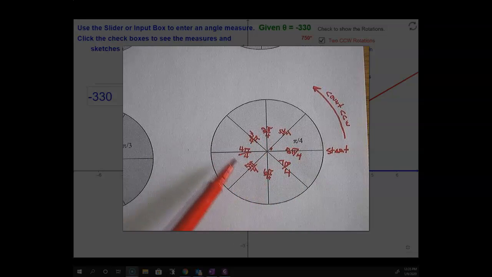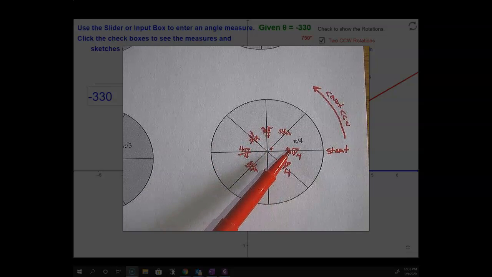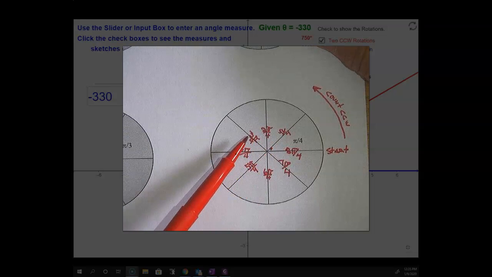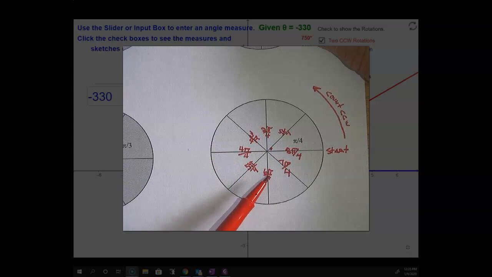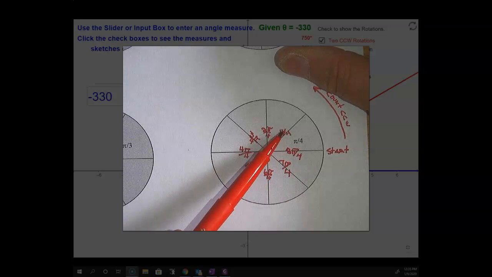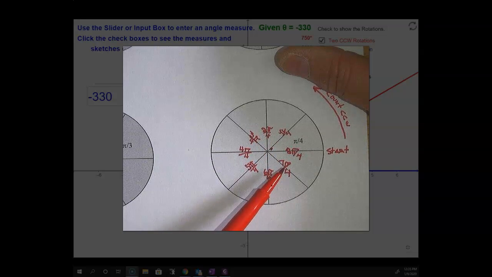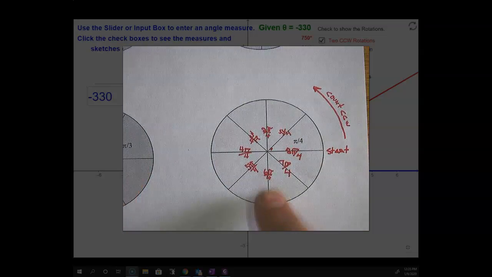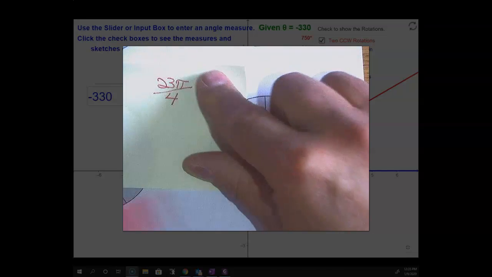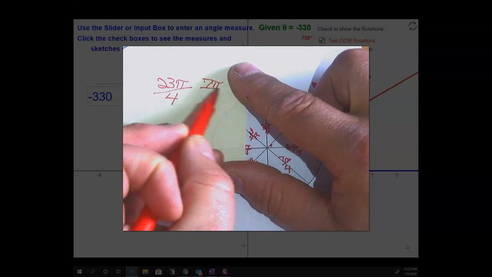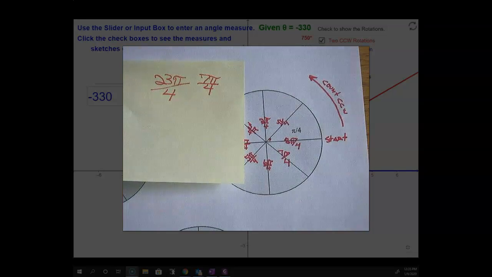So I'm going to go around twice, 8, 16. Now I'm going to count up to 23. 17, 18, 19, 20, 21, 22, 23. So 23 pi over 4 is the same as 7 pi over 4.